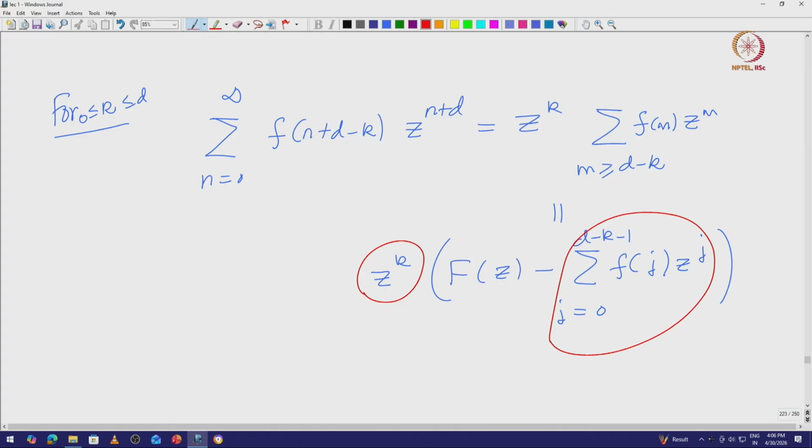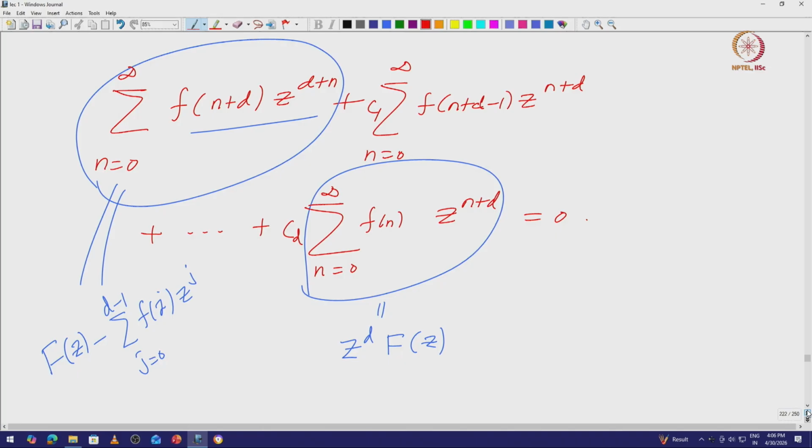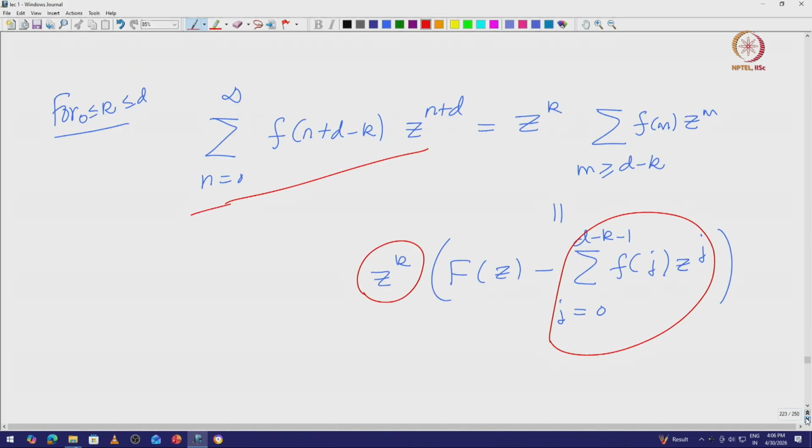So, we need to sum all of this by multiplying by C 1 etcetera C d. If we multiply this with C k and then sum it over k, assuming that C naught is 1, then we will be doing that here with summation C k, where k is running from 0 to d.